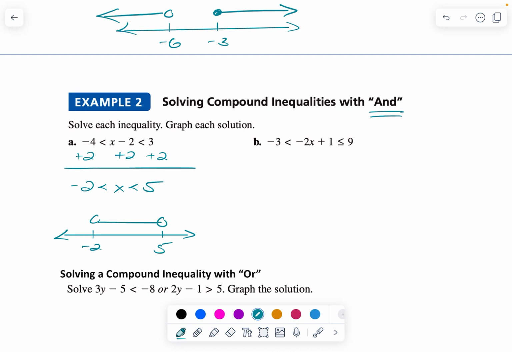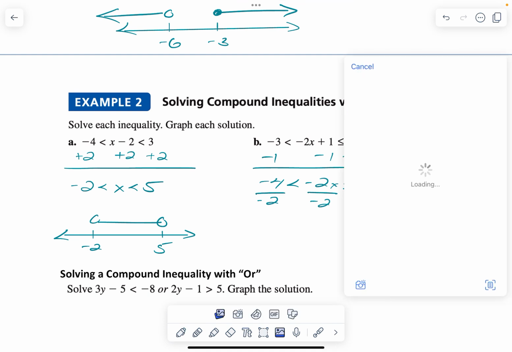Same thing here. We're going to subtract 1 from all 3 parts, and we get -4 less than -2x less than or equal to 8. But now we need to divide by -2. When we divide by a negative, remember we have to flip the inequality. So this is a tricky one.